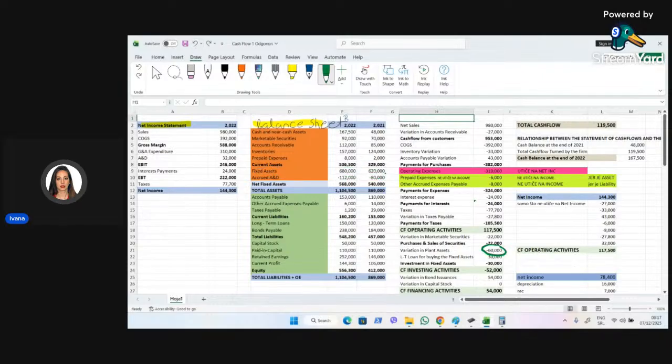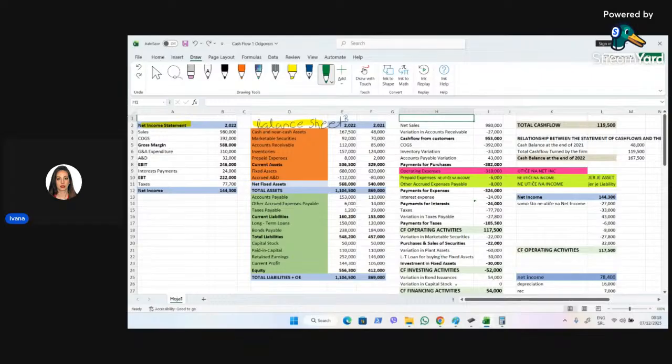Why it will be negative? Because we bought just plant for 620, but in this year we bought more factories or we invest in factory, and of course we gave money for this. So that's why it's negative, because our cash flow suffers for this.